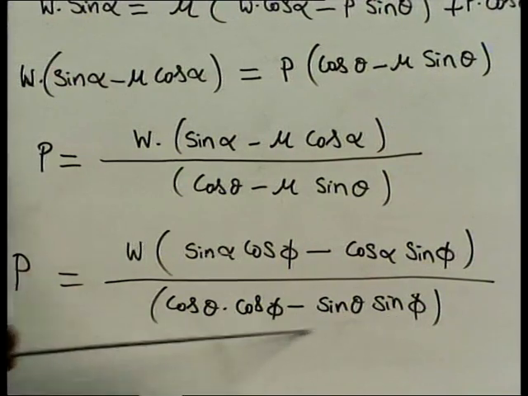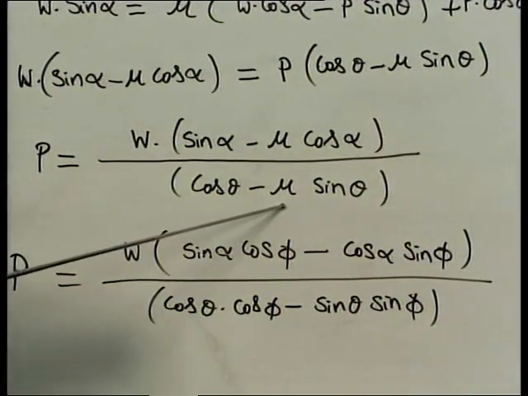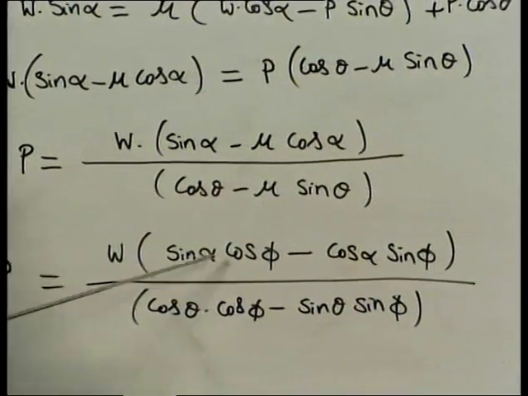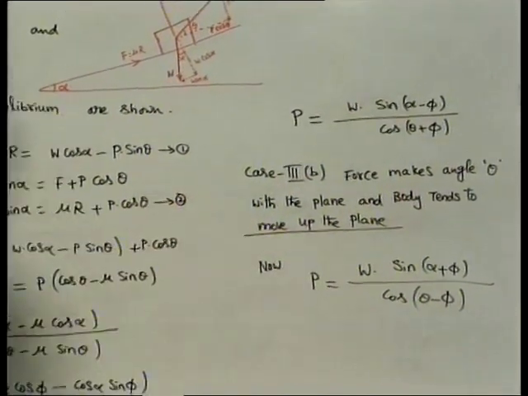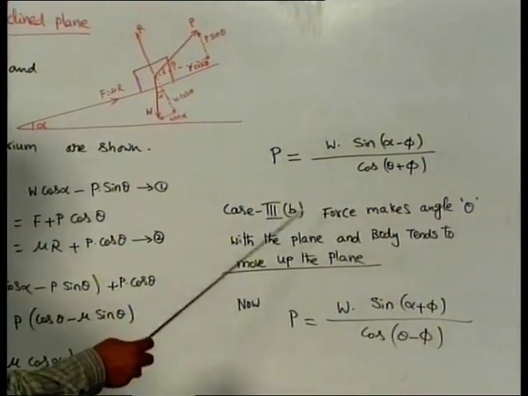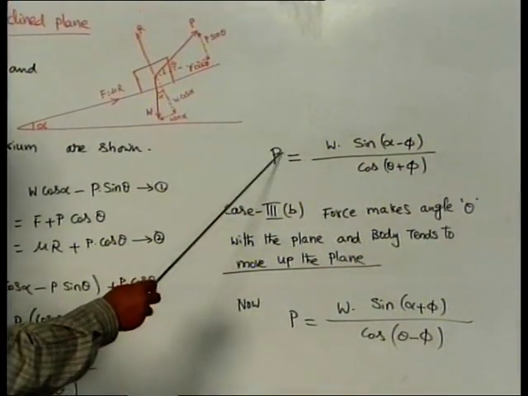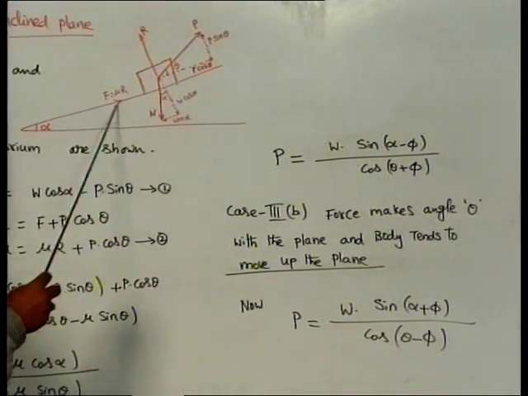Similarly in the denominator, and here the LCM cos phi in the numerator and in the denominator gets cancelled. So, using the formula, P is equal to, this term I can write as sin alpha minus phi, and the denominator term I can write as cos theta plus phi. So, this is the force required to pull the body when the body is tending to move down.